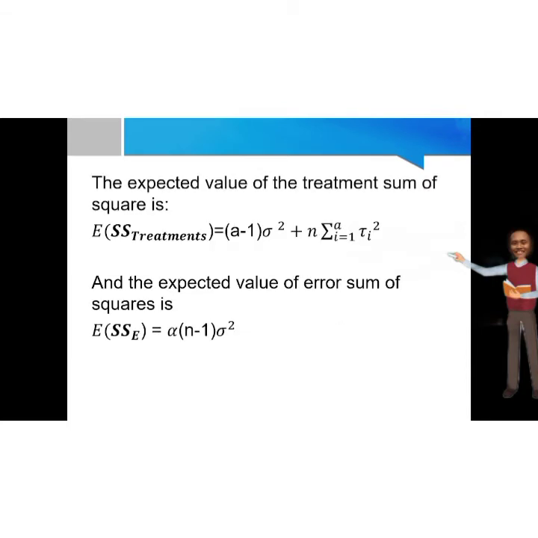The expected value of the treatment sum of squares: E of SS treatments is equal to (a minus 1) sigma squared plus n times the summation of i equals 1 to a of tau_i squared. And the expected value of the error sum of squares: E of SSE is equal to a(n minus 1) sigma squared.